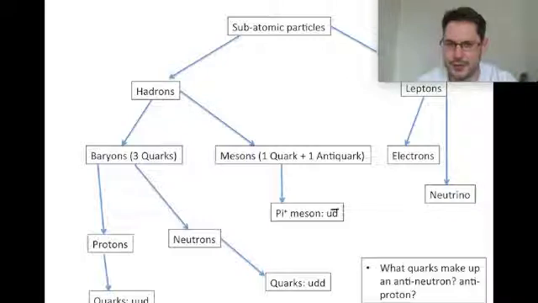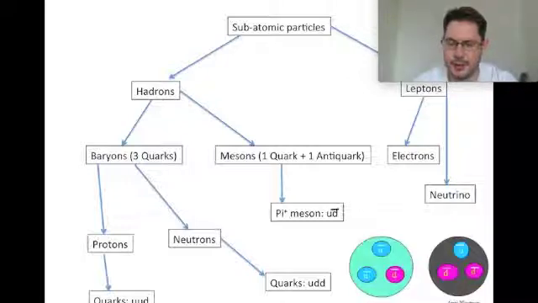In this case, we have one quark and one antiquark that makes up a pi positive meson there. Okay, and we can have a look at antiproton and antineutron there. Obviously, they're just made up of the antiquarks rather than just the quarks themselves.